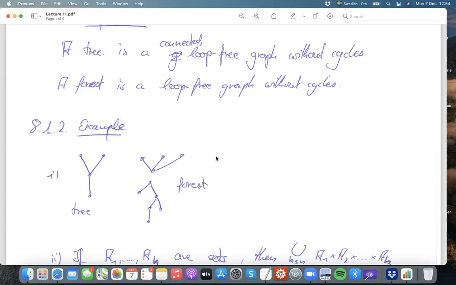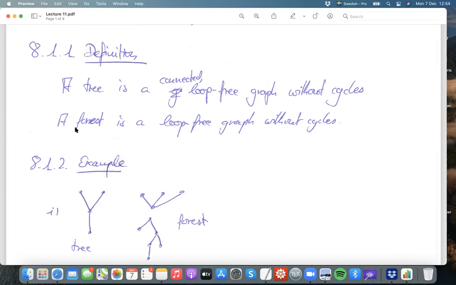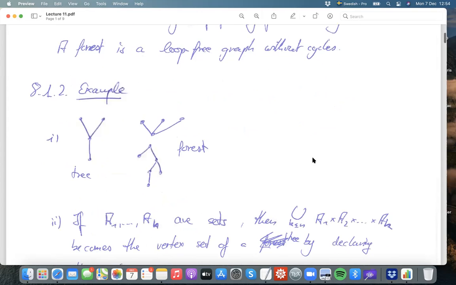Sometimes you include trees into forest. I think it's natural to include trees as special cases of forests. If you look at this definition, a forest is a loop-free graph without cycles, so this in particular includes trees. So forest is just a more general notion.